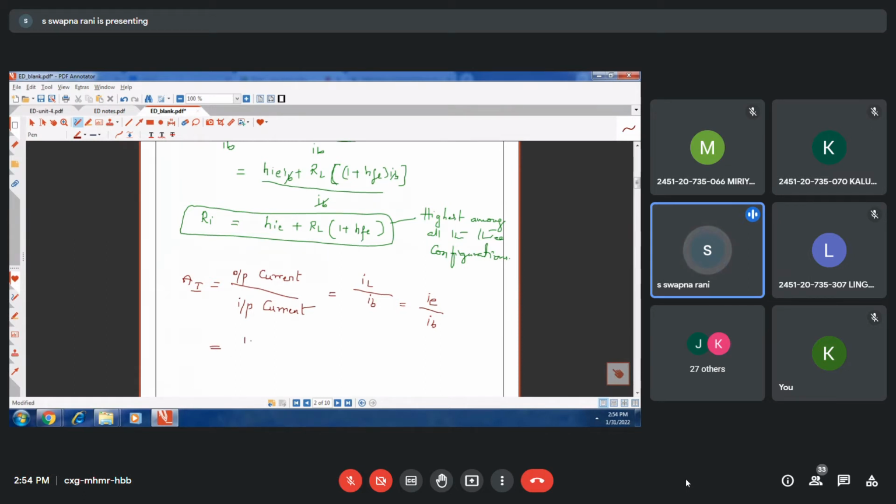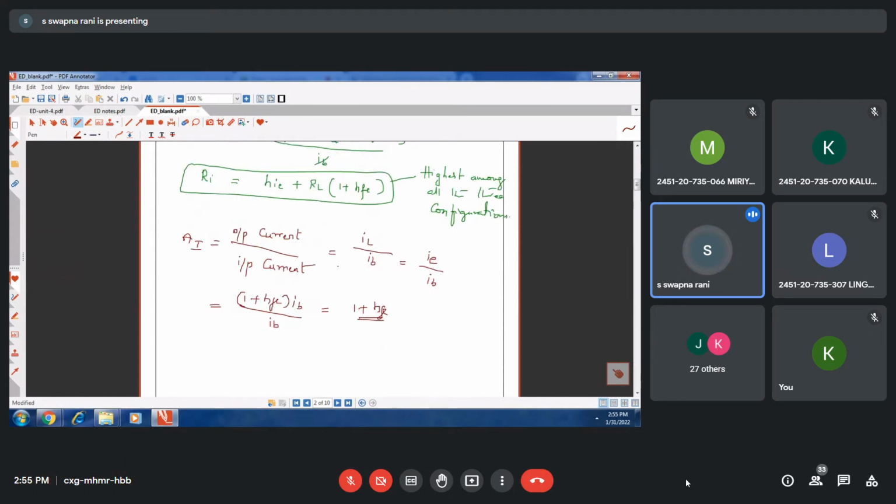We derived this just now: 1 plus HFE into IB by IB. So this is 1 plus HFE. So the current gain of common collector is 1 plus HFE.